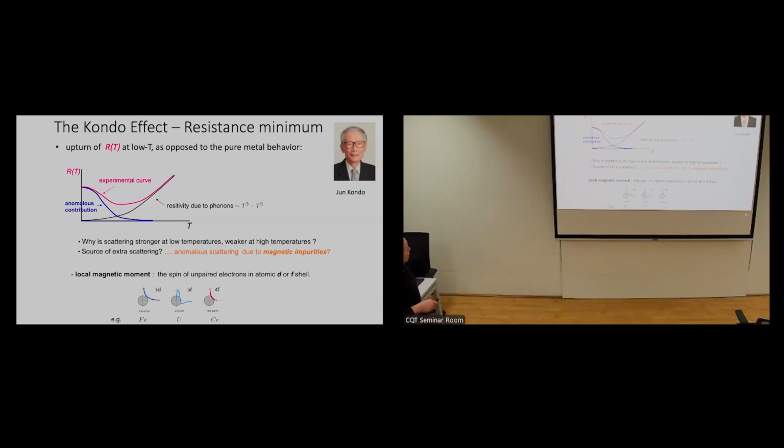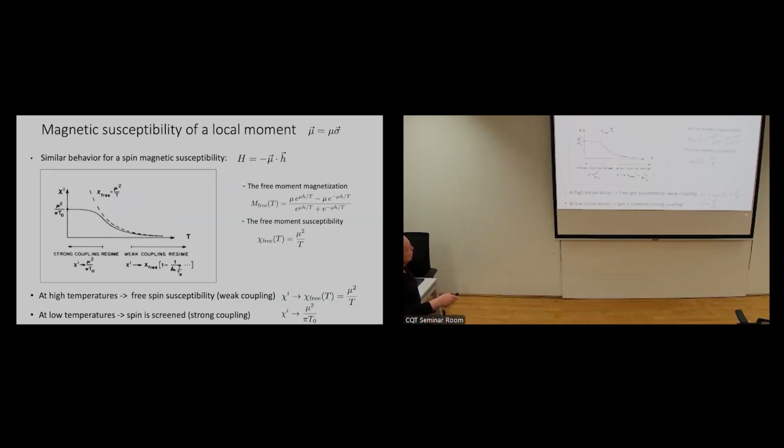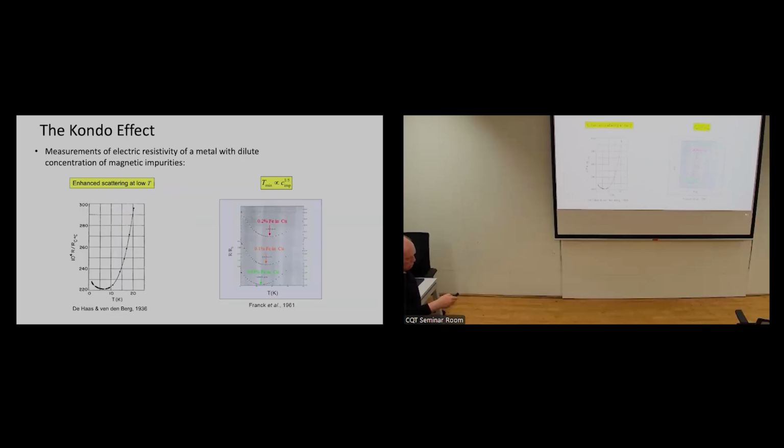So it took a long time, but it was discovered that this rise here is due to some scatterers, some dirt in the material, to the iron. So what I described earlier, here, iron atoms in copper.